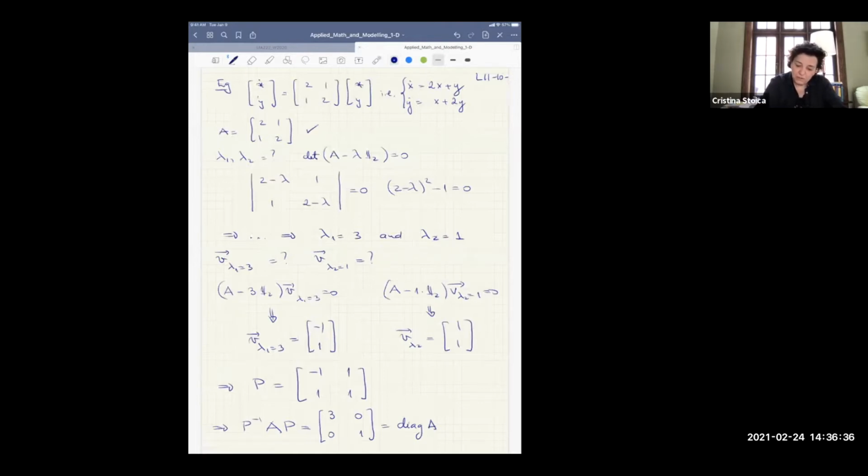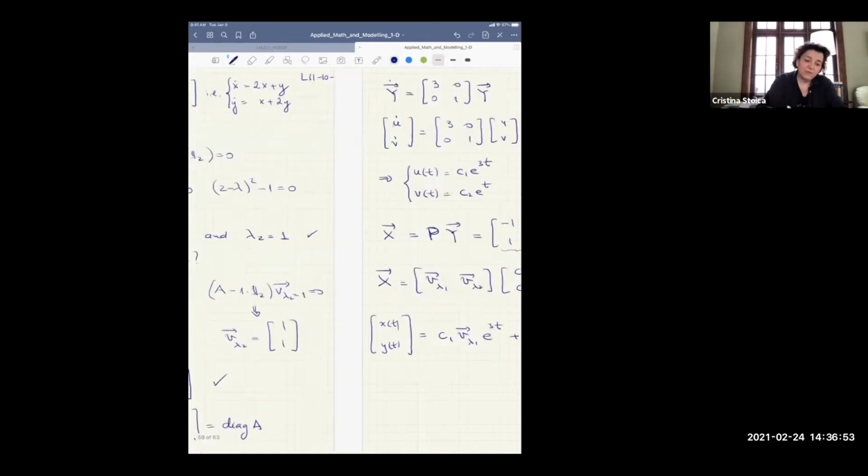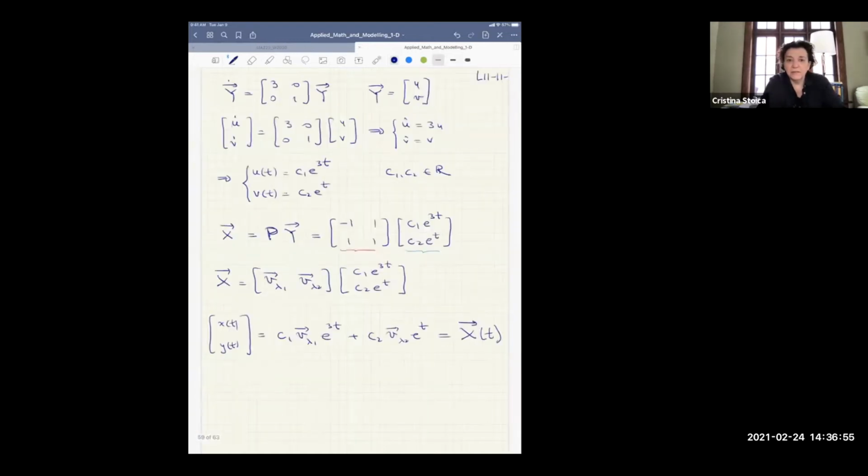Then we computed the eigenvalues. Using the change of basis matrix, the diagonal form of A becomes 3, 1 on the diagonal and 0, 0. And then we write the system in U and V, new variables, with this 3 and 1 on the diagonal.